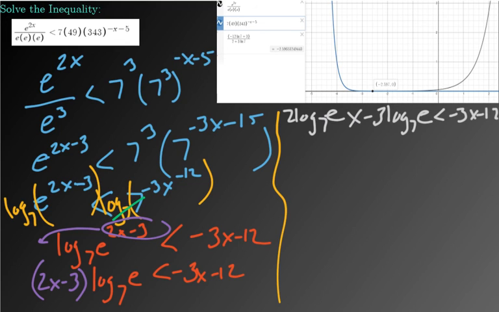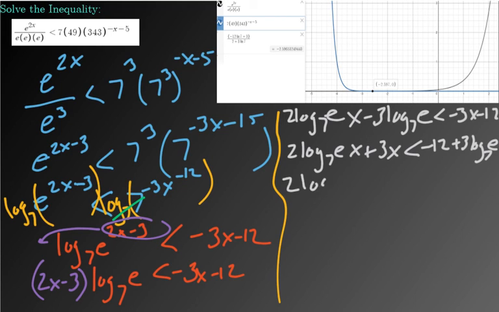And then I think I'll just add all the x stuff to the left and the numbers to the right. So I have 2 log base 7 of e x plus 3x is less than minus 12 plus 3 log base 7 of e. Factor out the x.